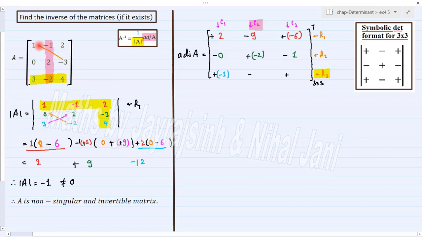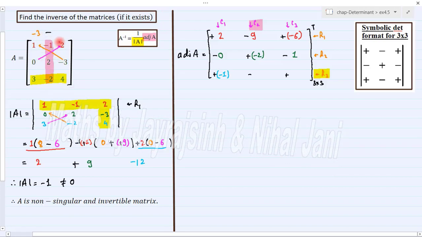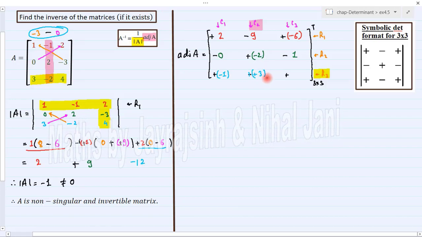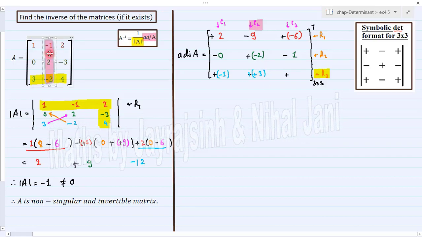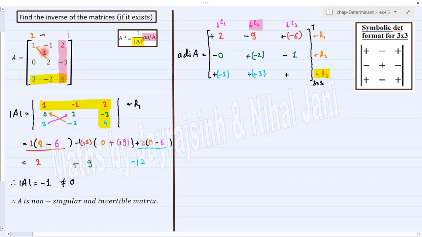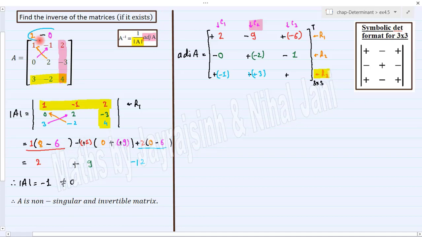Minus 3 1s are minus 3 minus 0 2s are 0. So minus 3 0 will give us minus 3. So this will become plus 3. And the last element is in last column. So 2 1s are 2 minus 0 minus 1s are 0. So it will give us 2.